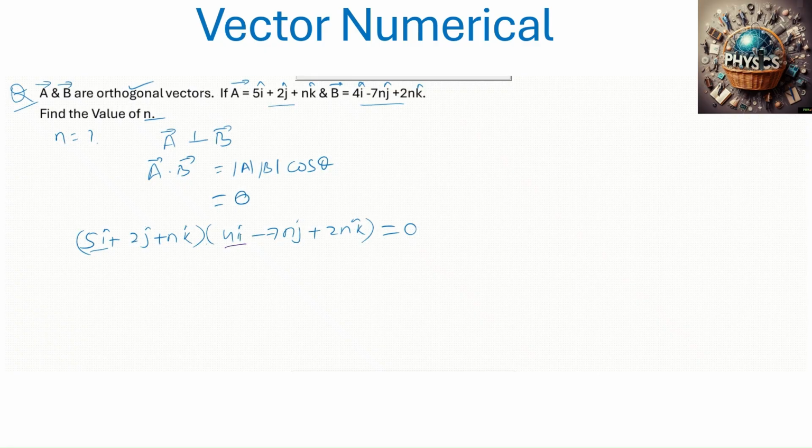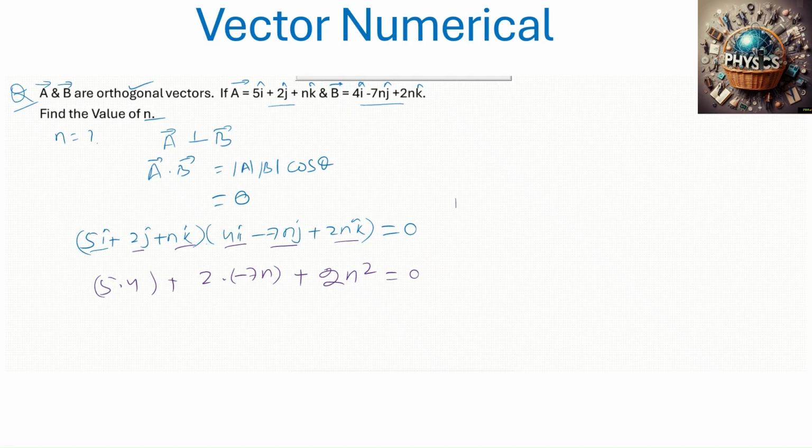Similarly, 2 into minus 7n, plus this into this, which is 2n square. This is equal to 0, right?